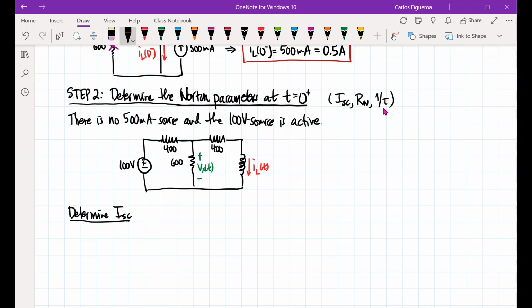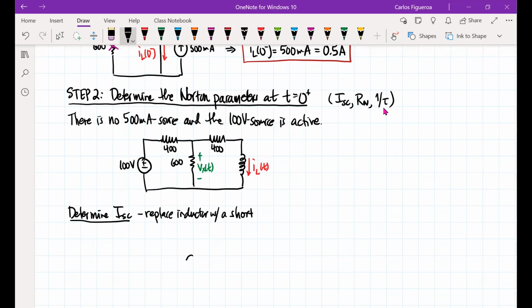So when I redraw the circuit, I'm not going to have a short for the inductor, I'm just going to look at that 400 ohm. So now I replace the inductor with a short.